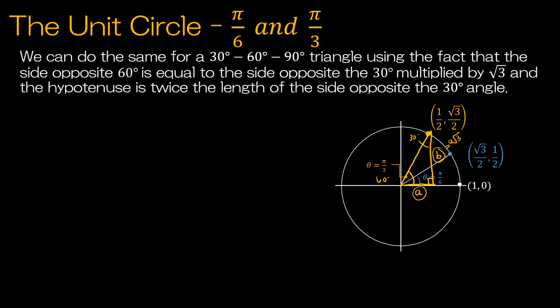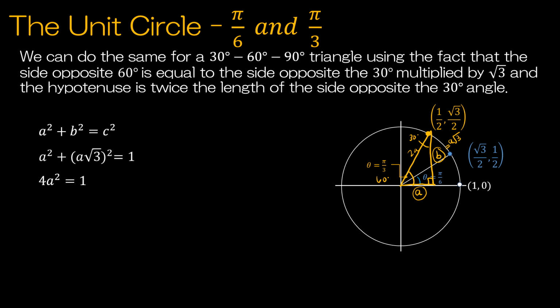And the hypotenuse is equal to twice the length of the side opposite. So this is actually 2a. But keep in mind, again, it's a unit circle. And so instead of writing 2a here, I'm going to write 1 squared, which is 1. But instead of b, I've replaced it with a radical 3. Now I'm going to square.